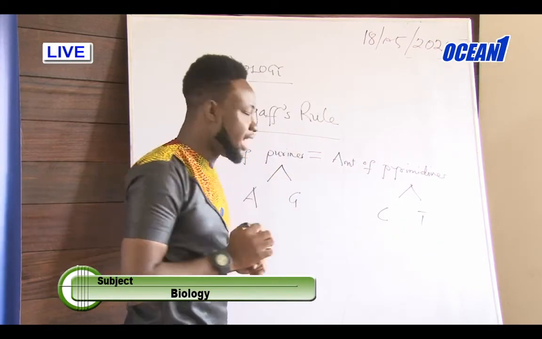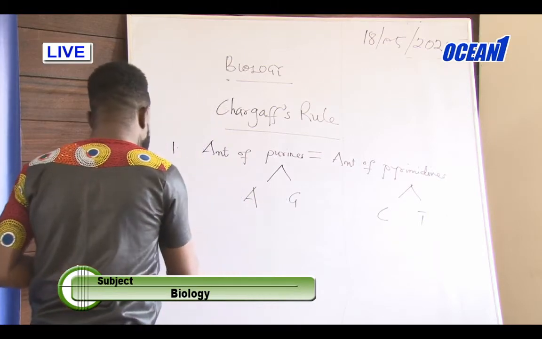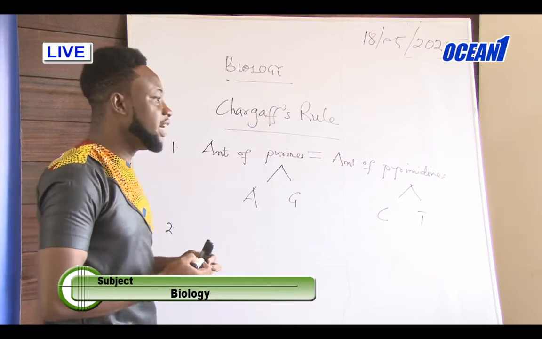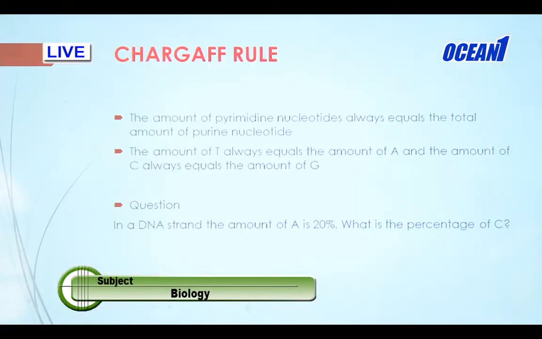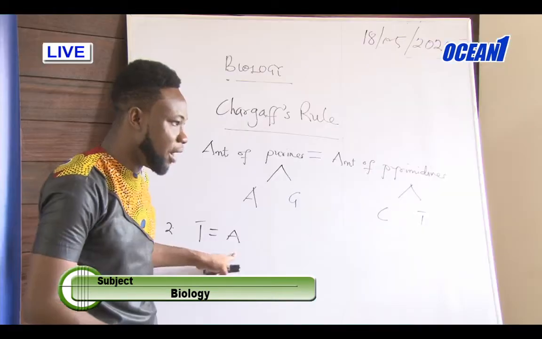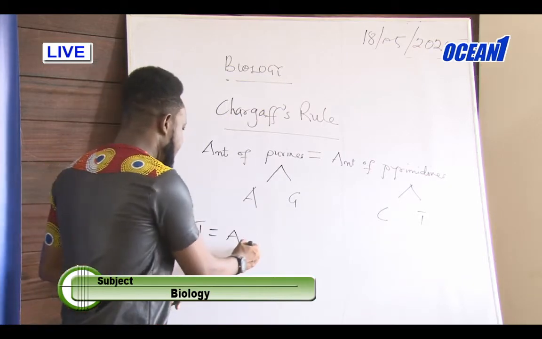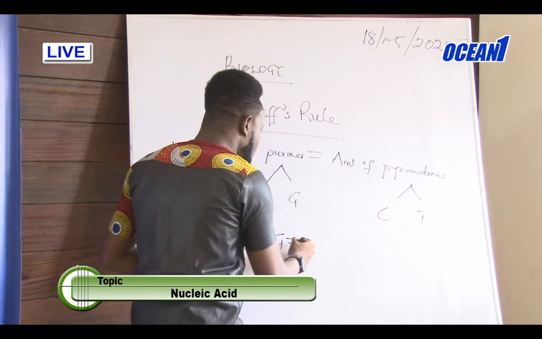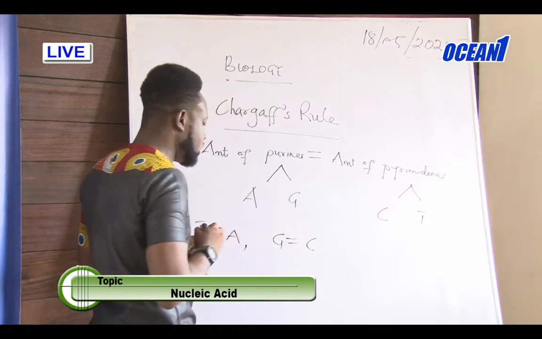Now, the second thing that Chargaff said is that the amount of thymine always equals the amount of adenine, and the amount of guanine always equals the amount of cytosine.